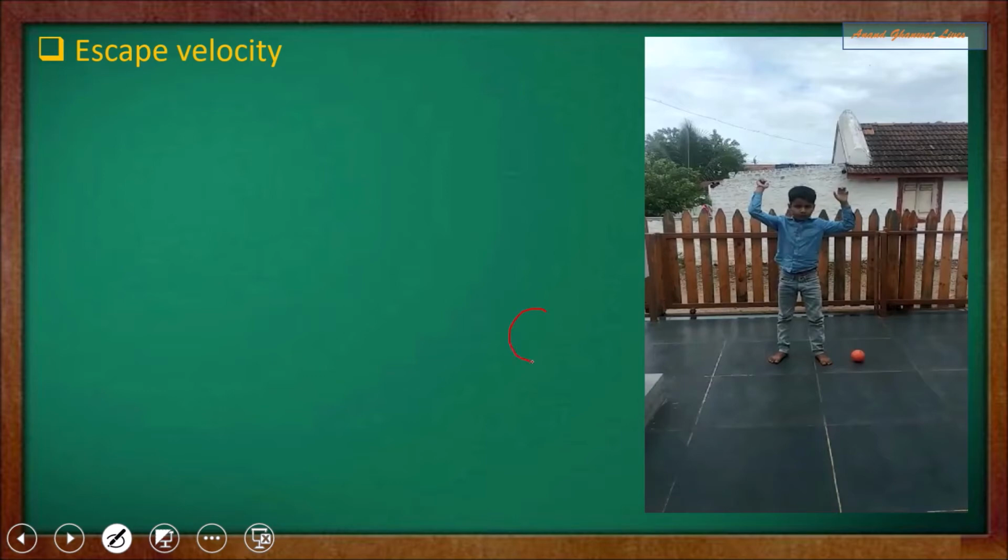So here is a ball and we have thrown that ball in an upward direction. When the ball is going upward, the Earth's gravitational force is acting vertically downwards, which is opposite to the velocity of the ball.